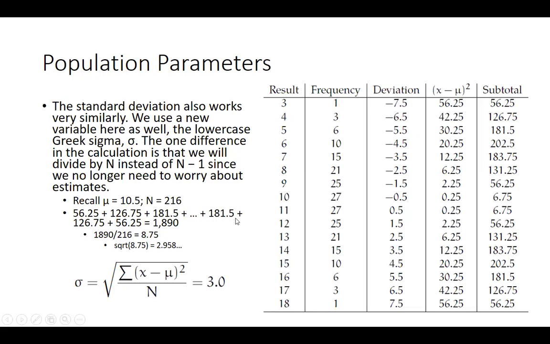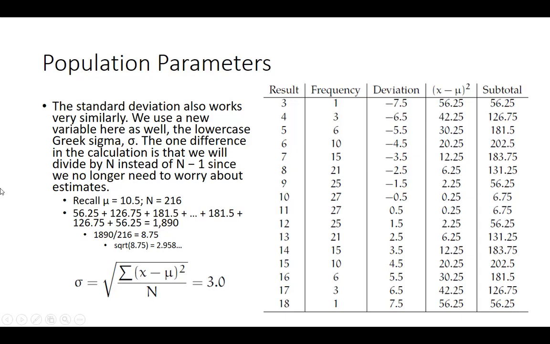The standard deviation also works very similarly. We use a new variable here as well, the lowercase Greek sigma. So capital sigma is that E-looking Greek letter. Lowercase sigma is the O-looking Greek letter.